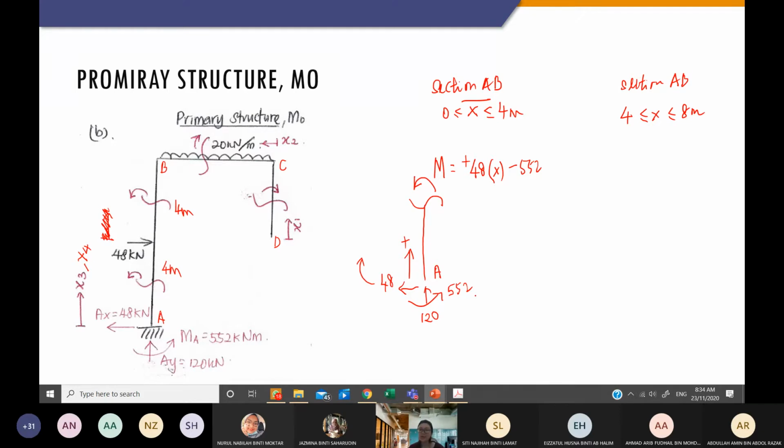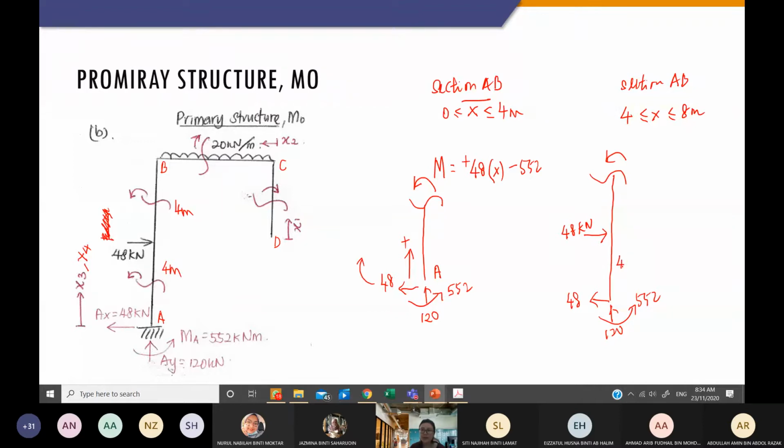If I draw this free body diagram, I still have to consider all the forces acting in my system. So I have 48 kilonewtons acting at the middle of this section AB, and this is my cut section.